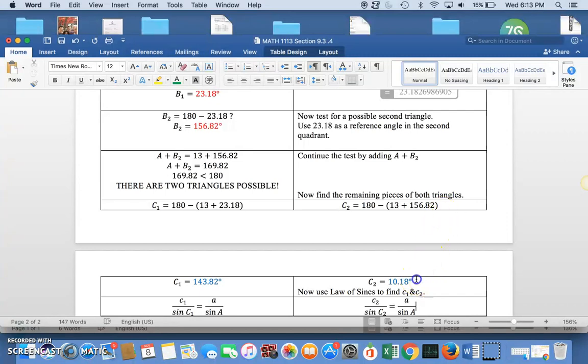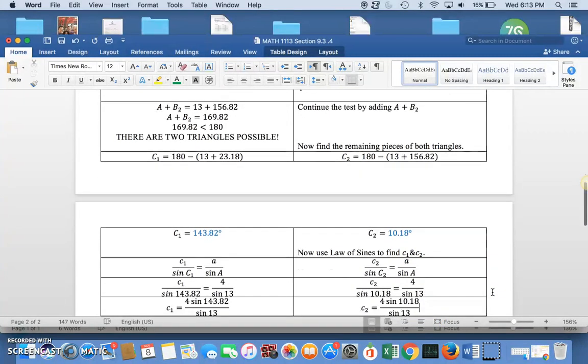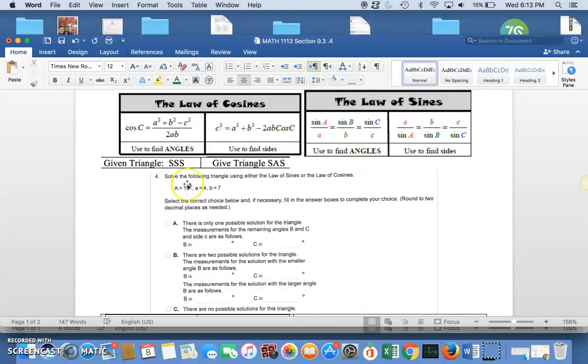So we've got that together, and now we want to use the law of sines again to find the corresponding sides. We want C1, angle C1, and we're going to use A to sine A. Probably the reason I chose that is that was what was given in the original.